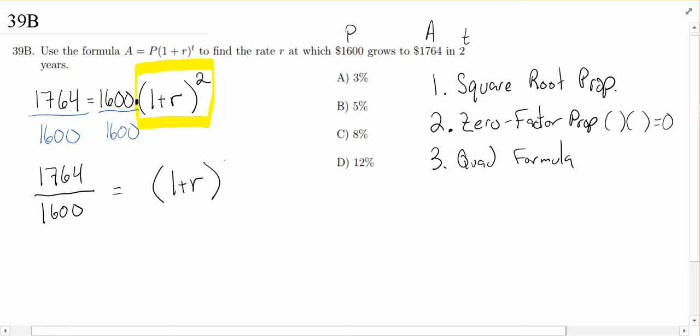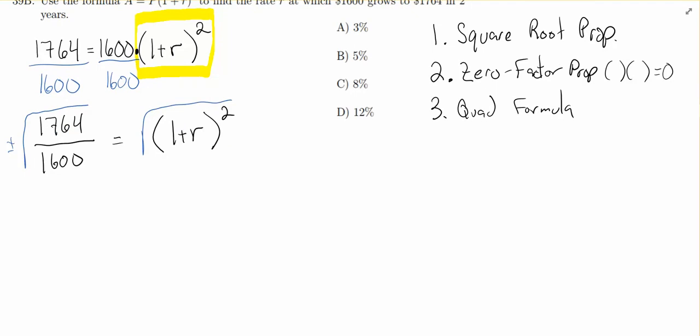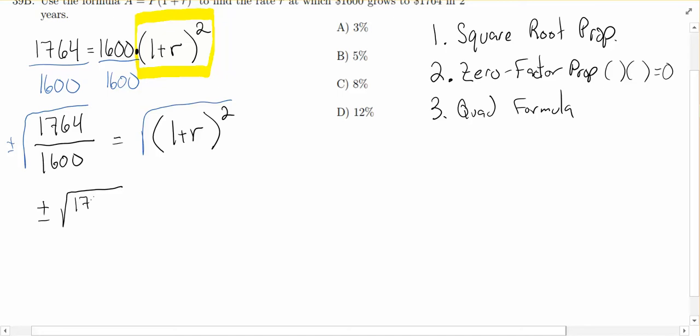And now we do have a perfect square on the right. So technically we should be taking the positive and negative square root of both sides. The positive negative doesn't really make sense here, but technically in math we should, but one of those answers is going to be dumb. So this gives us the positive negative square root of 1764 over 1600 equals, now over on the right, the square root and the square undo each other, leaving just 1 plus r.